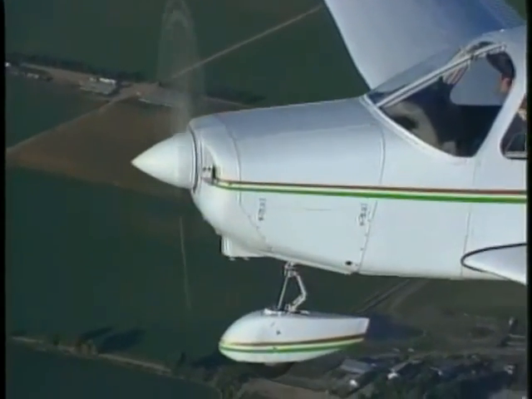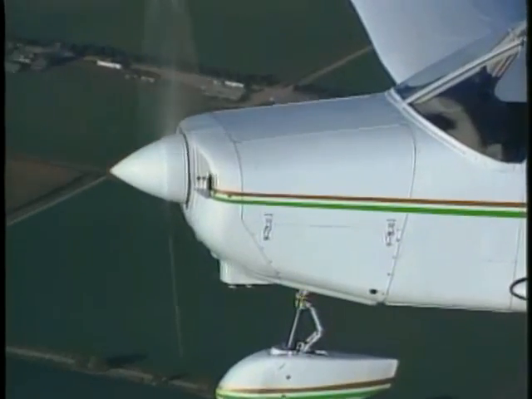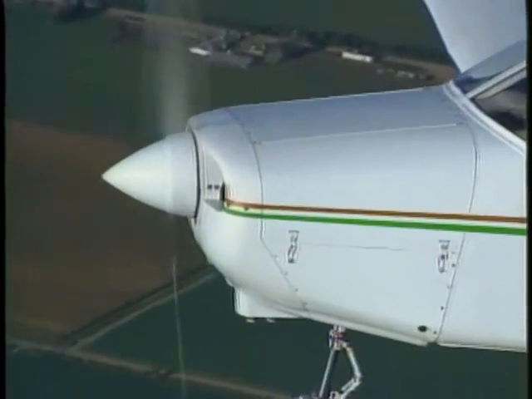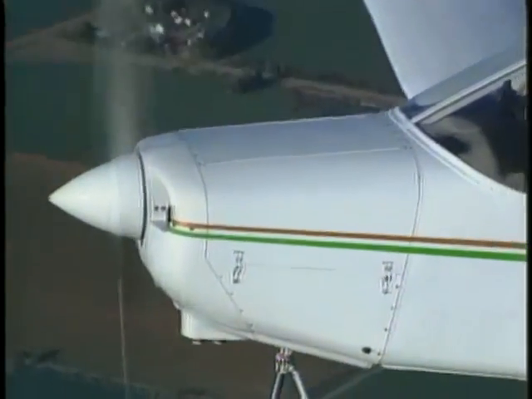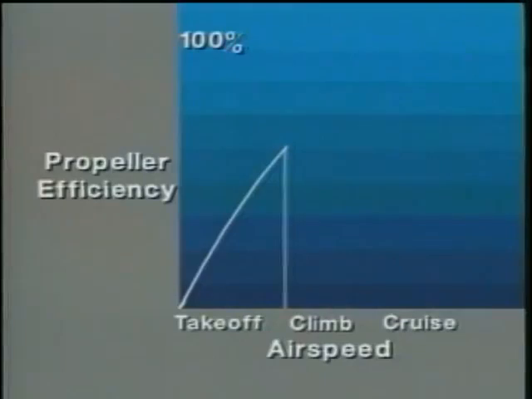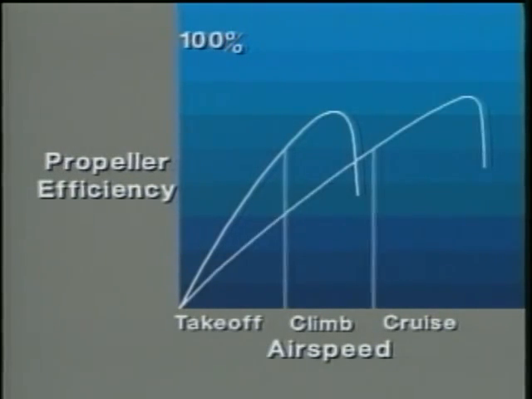Moreover, a fixed-pitch propeller produces its maximum thrust only at a specific RPM and airspeed. For example, a propeller with a low blade angle is very efficient at low airspeeds, such as during takeoffs and landings, but its efficiency decreases rapidly as speed increases. Whereas a propeller with a high blade angle is more efficient at cruise speed.